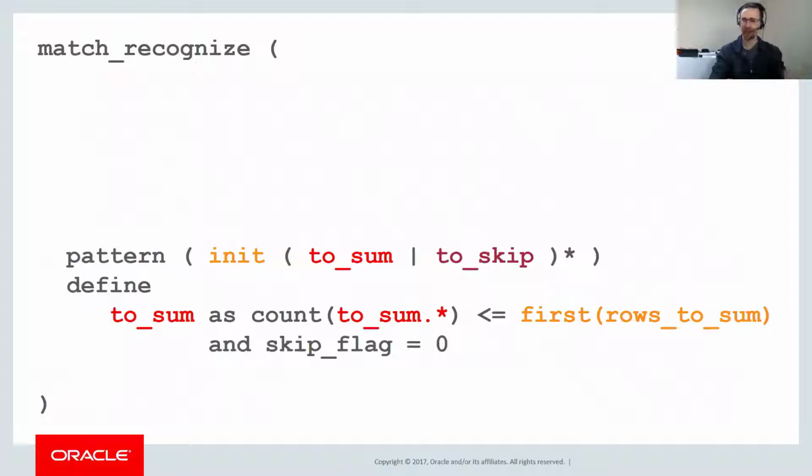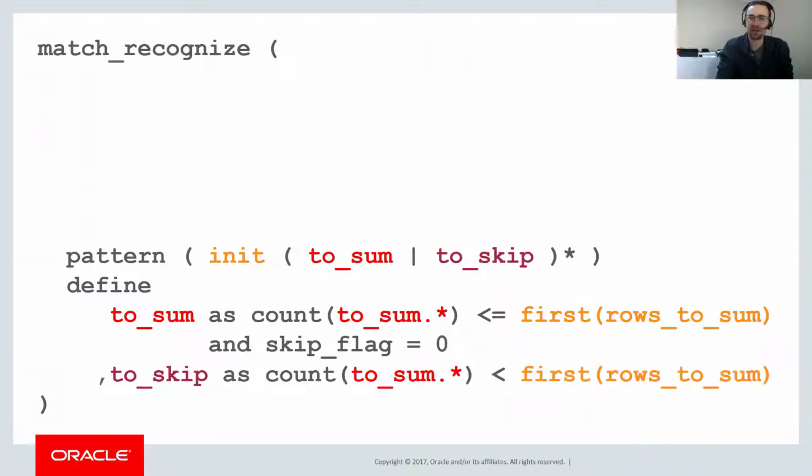All right, so how do we define that? What is that? How do we say what that really means? Well, we can define that in relation to the toSum here. So notice I'm saying that toSkip looks very similar to the initial definition of toSum. We're counting how many rows this has matched and that it's less than how many we're looking for.